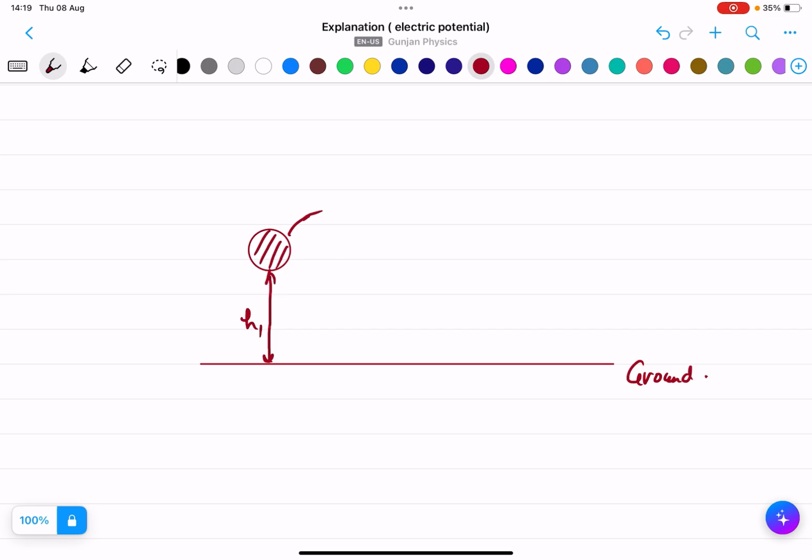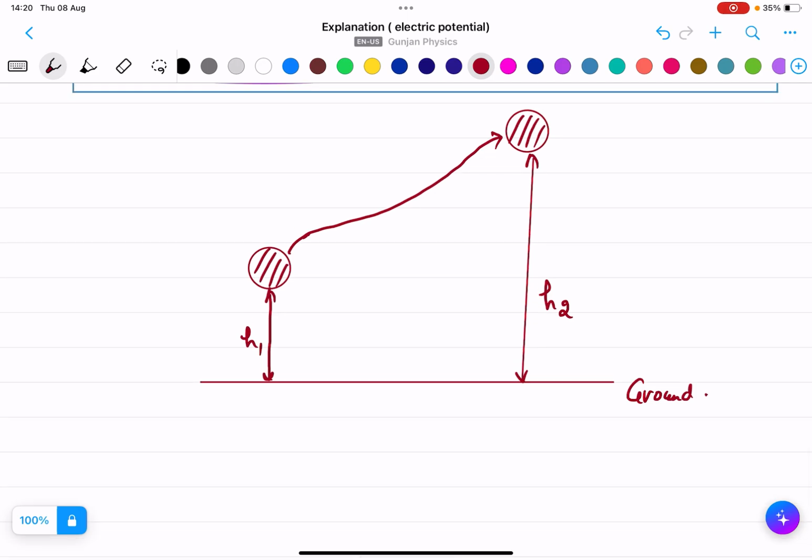Let us say I am moving this ball from this to here. Now the ball is attaining height h2. Okay, this is the ground. So always remember, at ground height is 0. That means potential energy equals mgh will be 0. But at height it will be different.